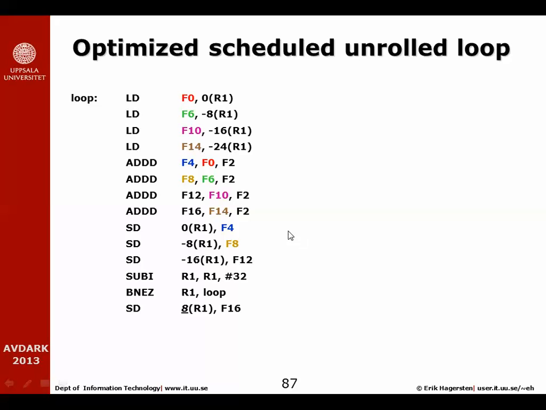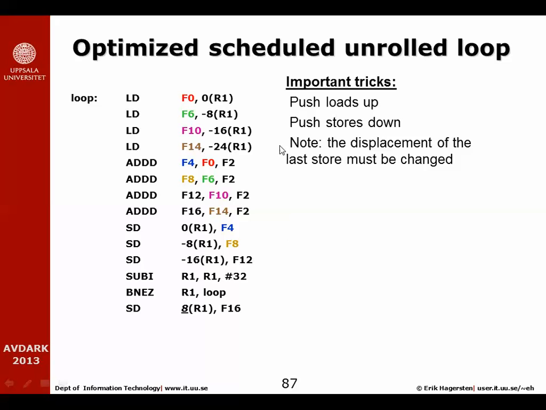And not very much else has changed in this code here. But what we've done is we managed to pull the dependent instructions so far apart that we don't need to install any stall cycles here. So both the load to the first add and add to the first store are now going to be 3 cycles apart. So that is cool.